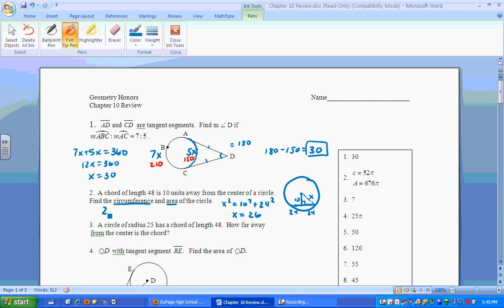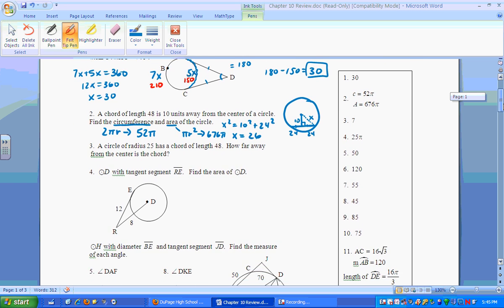Now I can find the circumference, which is 2 pi r, which gives you 52 pi. And the area is pi r squared, which gives you 676 pi.